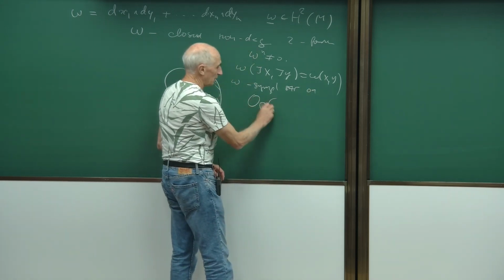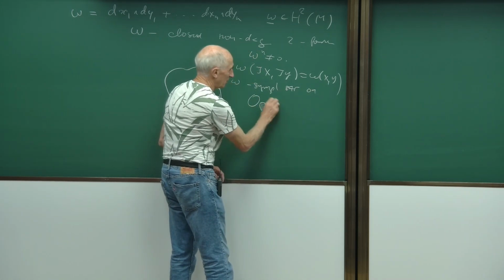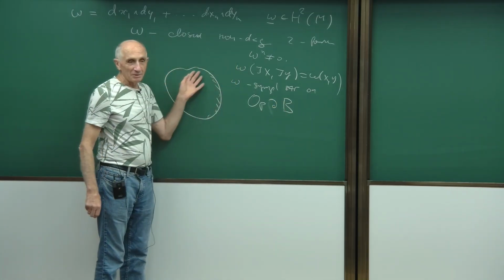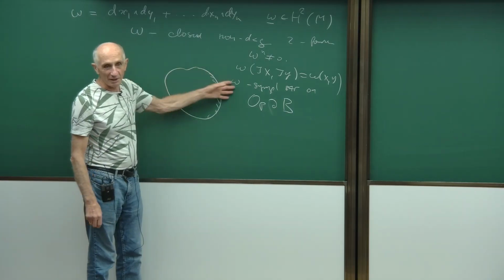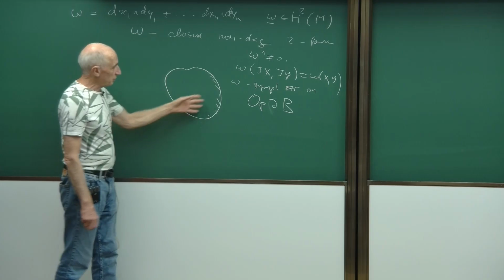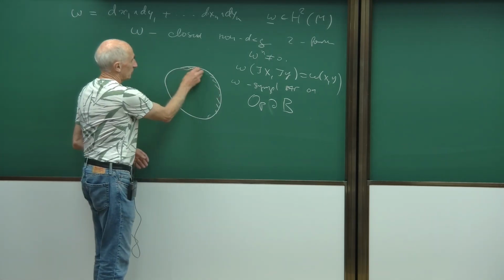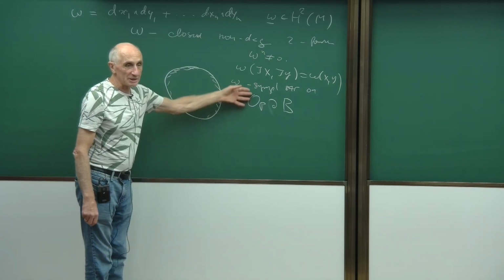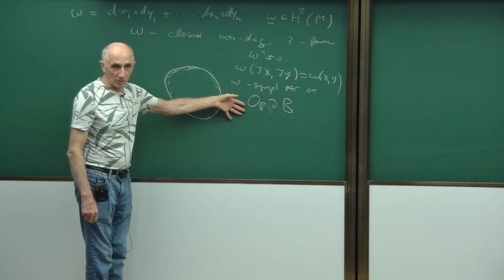I use Gromov's notation Op, which means some unspecified neighborhood, a germ of a neighborhood along the boundary. So you take a symplectic structure on the neighborhood of the boundary of the ball, and you ask: is it possible to extend the symplectic structure to the ball?